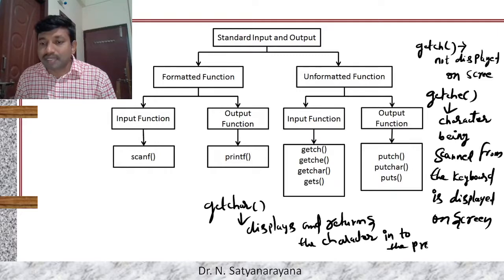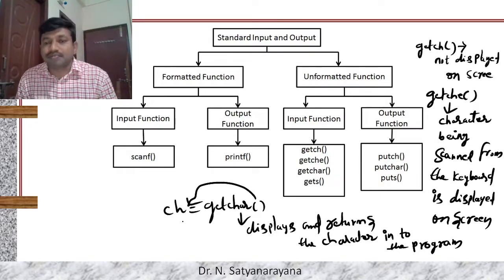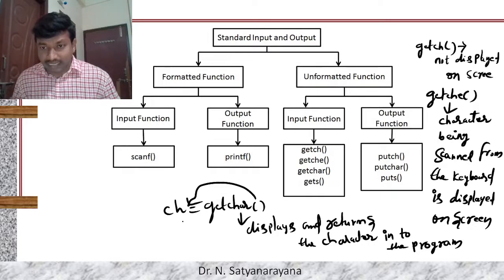If you are able to catch this character when you call this function, say ch is equal to getchar, the character being scanned will be assigned to a variable inside the program. And putchar or putch both are used to print a character on screen at a time. Even putchar can deal with printable and non-printable characters, whereas putch can deal with only alphanumeric characters.